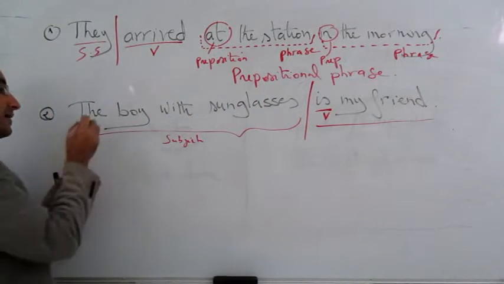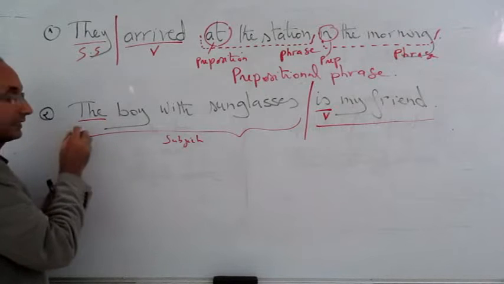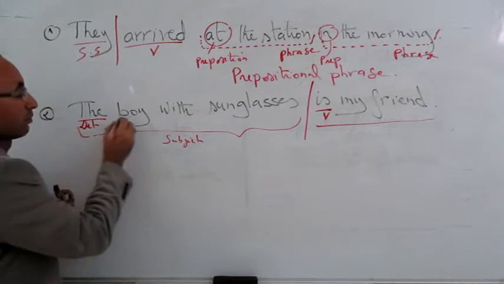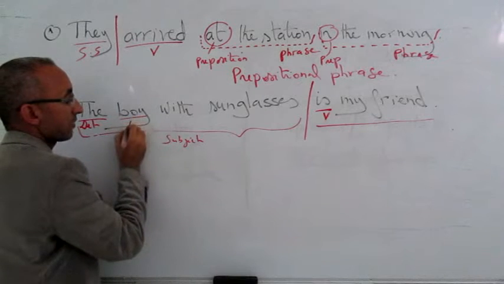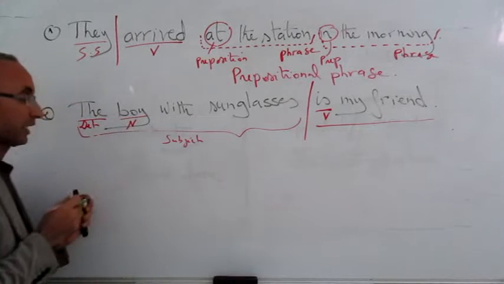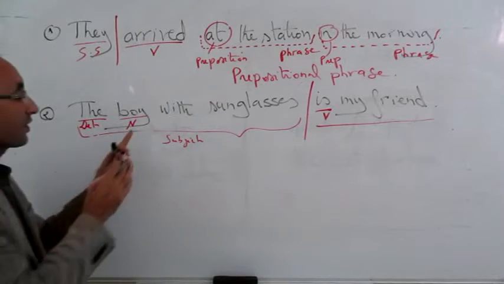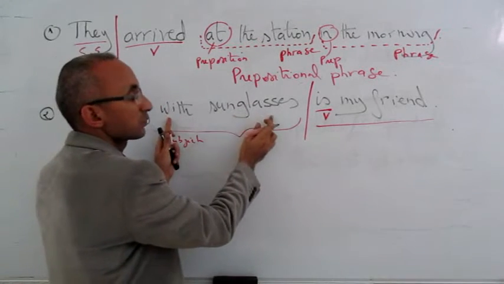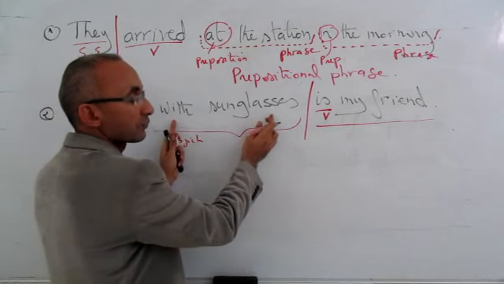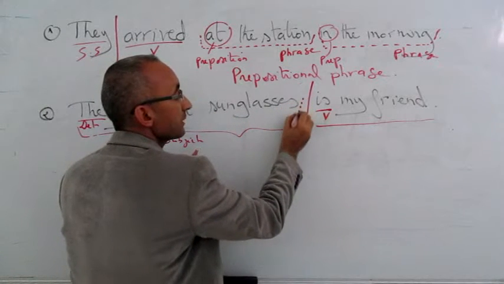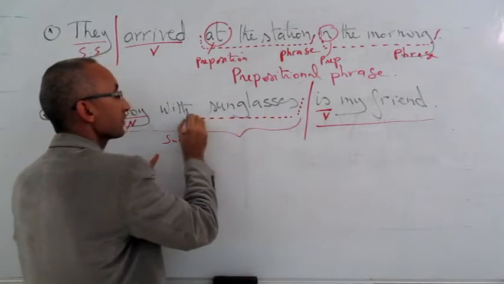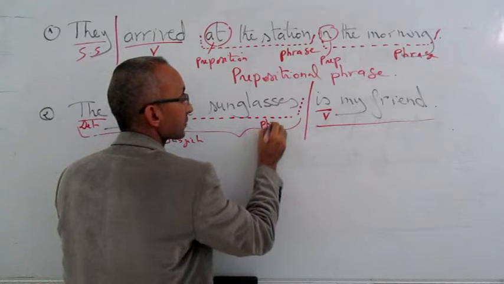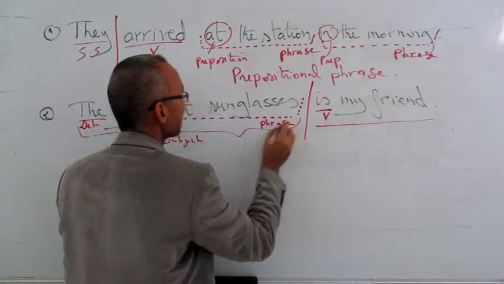The boy, I have the is an article or determinant. Boy is the noun or my simple subject. Then I have with sunglasses. Two words which come together, a group of words which come together to form me another phrase.